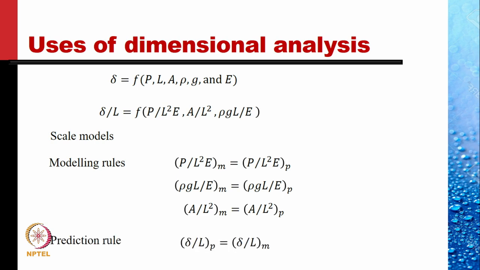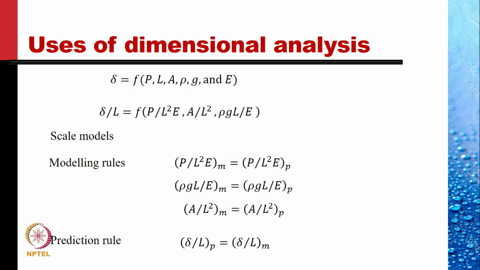And once these 3 parameters have matching values in model and prototype, then the dependent parameter delta by L in the prototype would have the same value as in the model.